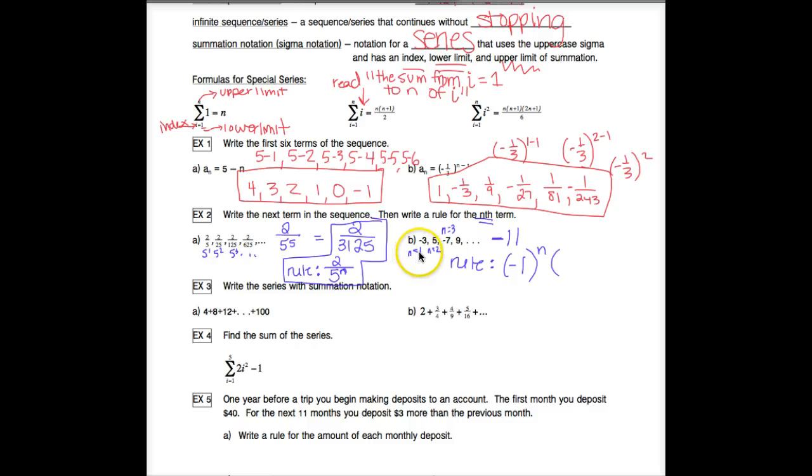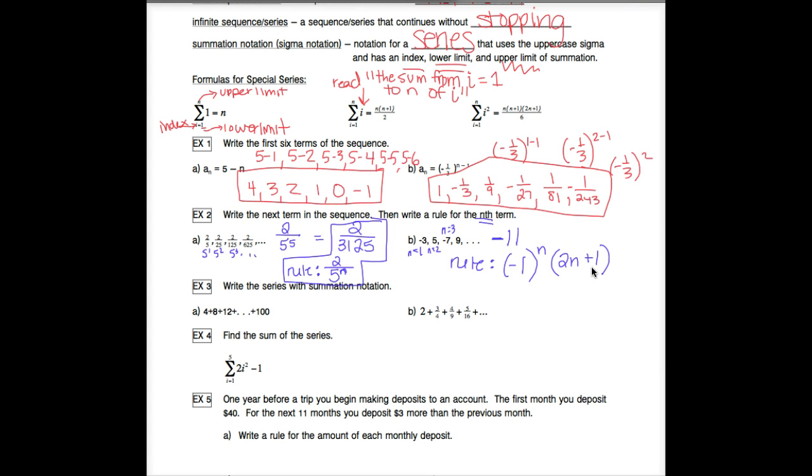So maybe you say, okay, well maybe it's 3 times n. Well, 3 times 1 is 3, but 3 times 2 isn't 5. So again, you need to come up with a rule that's always going to work, and it's a little bit guess and check. Here, the rule that I came up with, I did 2 times n, and then I added 1.